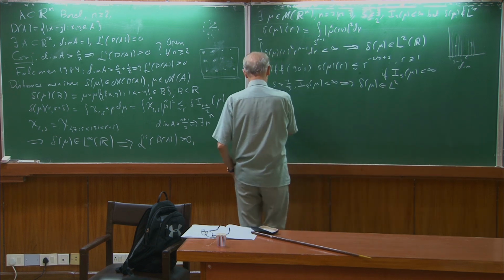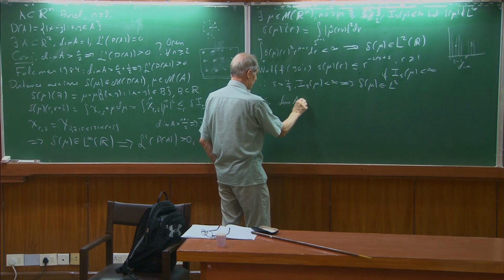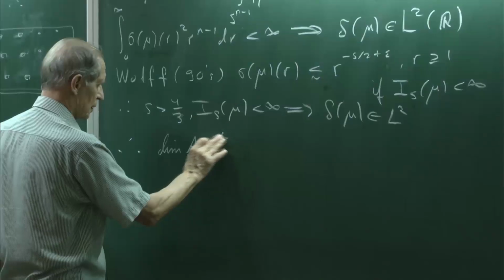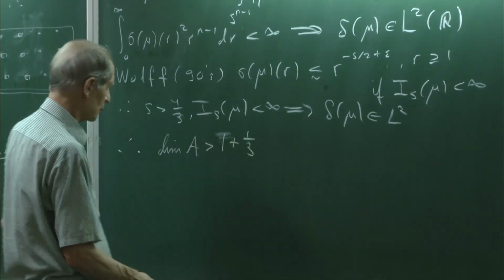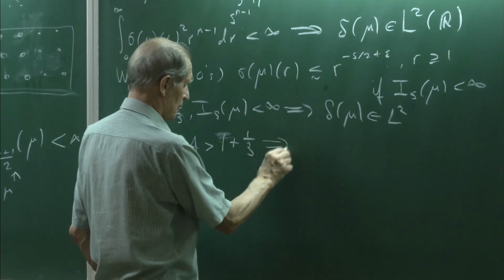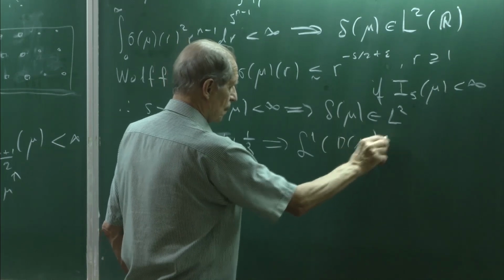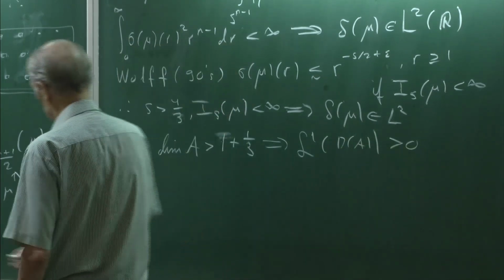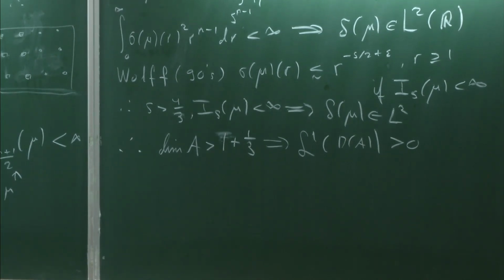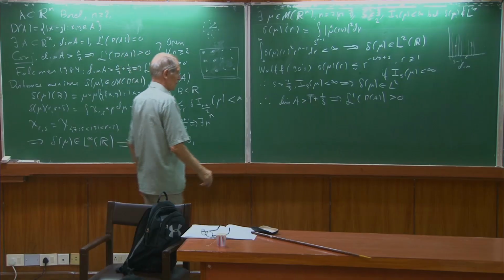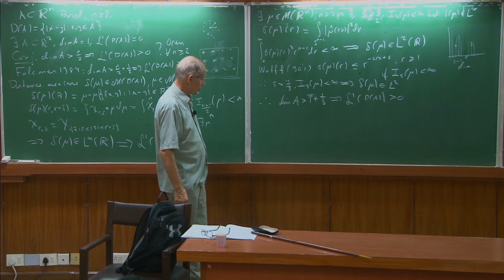And this gives that if the dimension of A is bigger than 1 plus 1 over 3, which is the same as 4 over 3, then the distance set has positive Lebesgue measure. So here we had half above the conjectured value, somewhere there. And now we have 1/3 above it. So we are approaching.